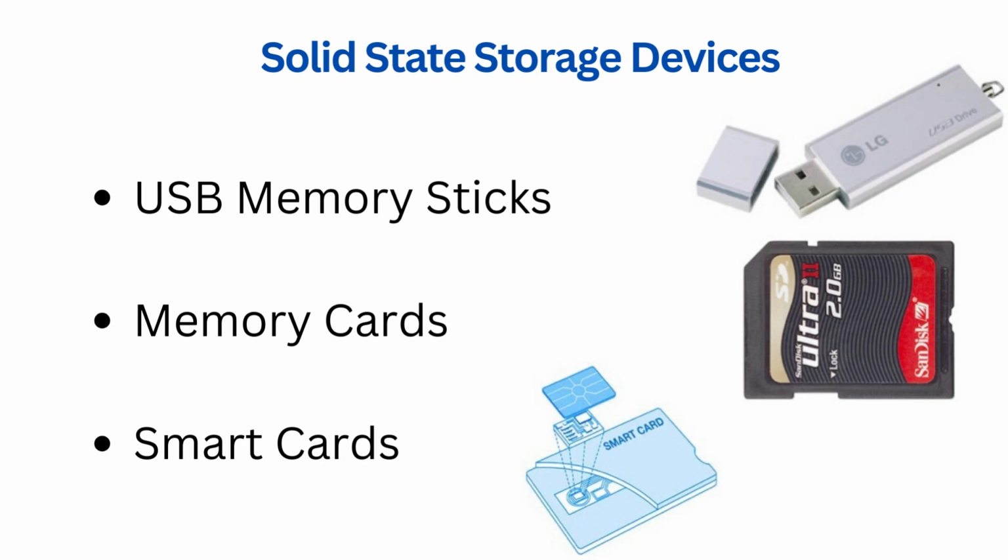Then we have memory cards, the second type. There are many varieties. Many of our digital devices like cameras, mobile phones, MP3 players, etc. are using these memory cards because they want more compact storage devices. These memory cards are very compact and can be inserted into mobile phones, cameras, MP3 players, etc. One of the most common formats used by digital cameras is the SD card.